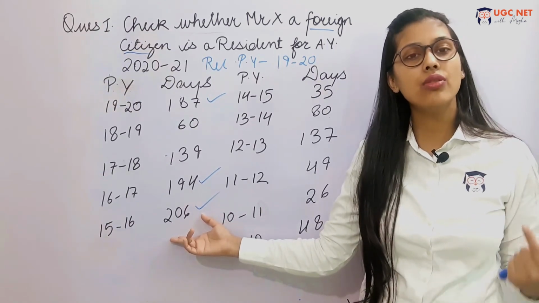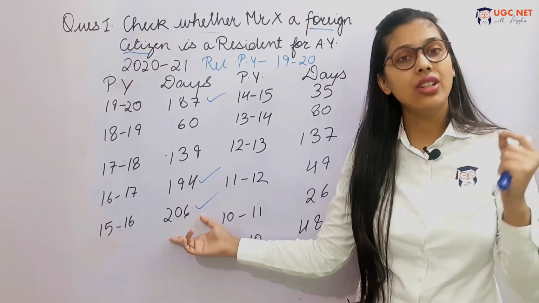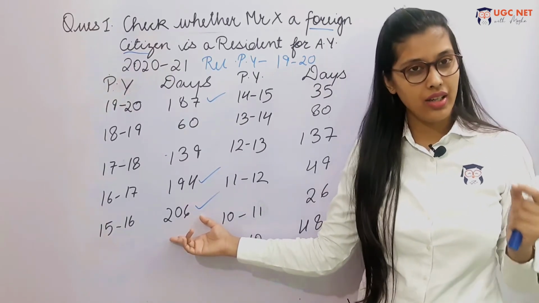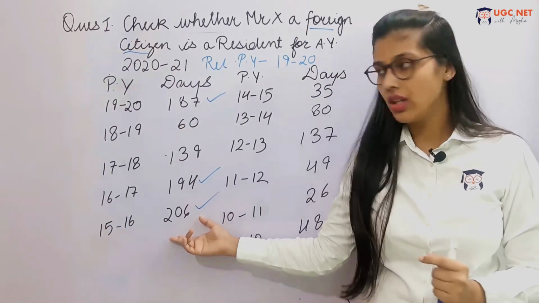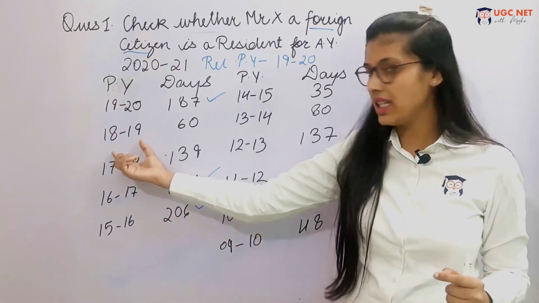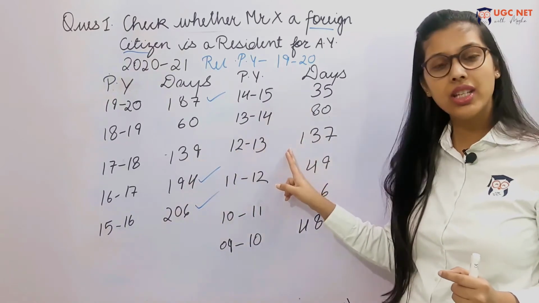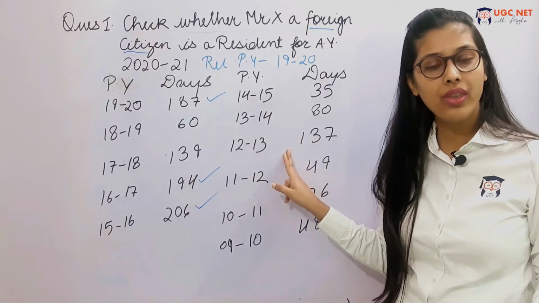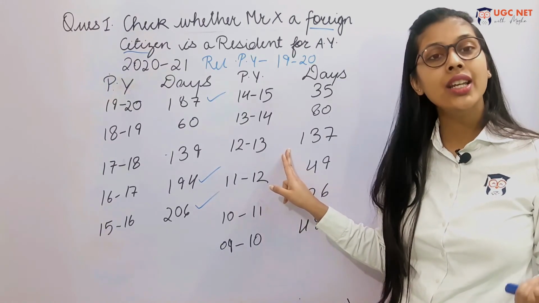So for that we need to see whether he stayed in India for more than or equal to 730 days during the 7 years immediately preceding the relevant financial year. So the 7 years which we will be considering here is from 18-19 till 12-13. If the sum total of the days given for these years comes out to be more than 730, then he would be considered as ordinarily resident.